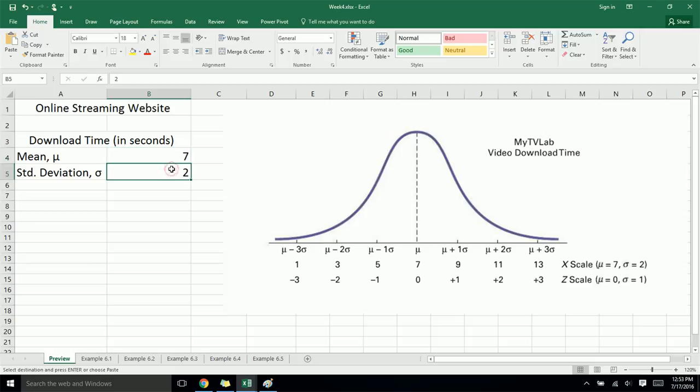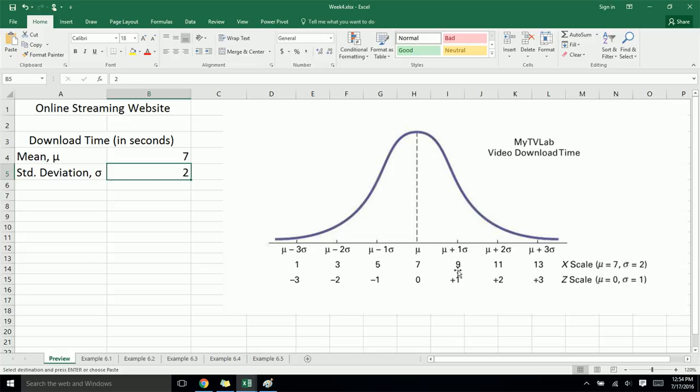is 2 seconds. Here we have a normal distribution of the observed data, and we can see that the mean is 7 seconds. If we take a value, say 9 seconds, it is 2 seconds higher than the mean. So here 2 seconds is our one standard deviation.